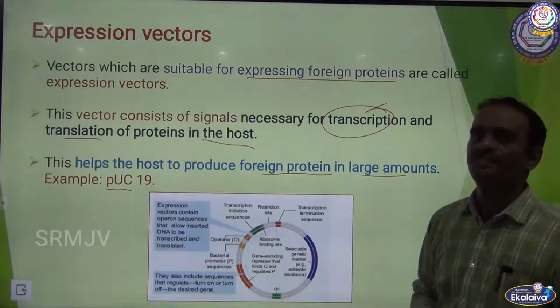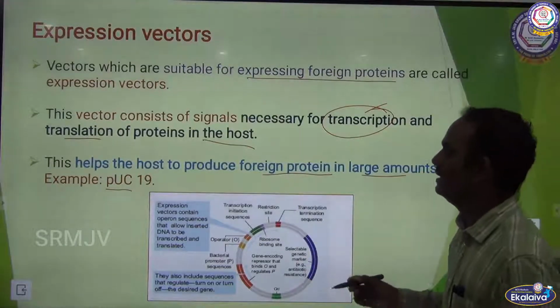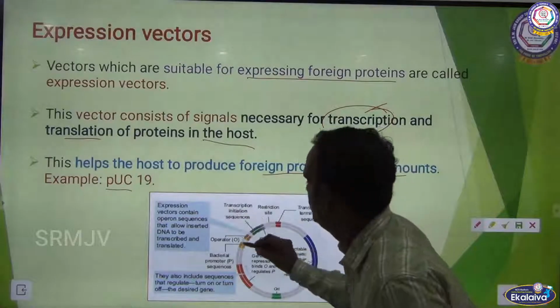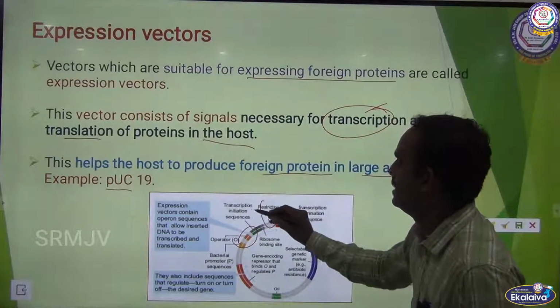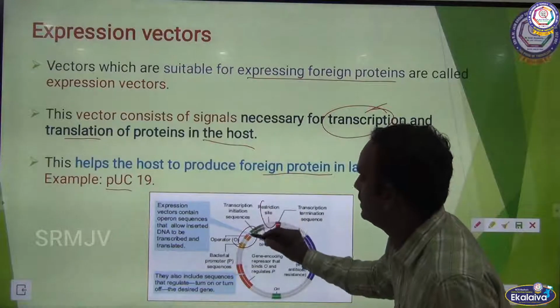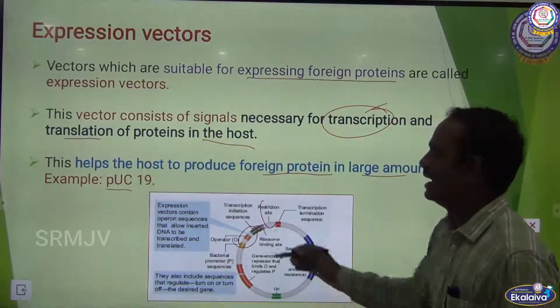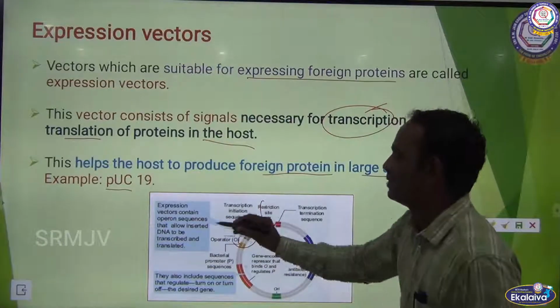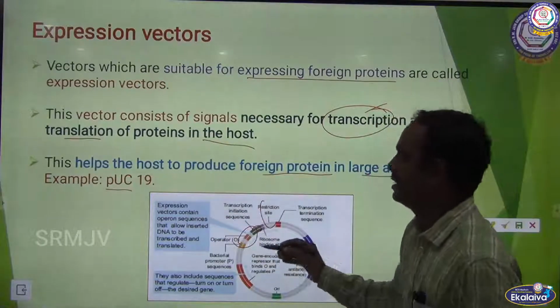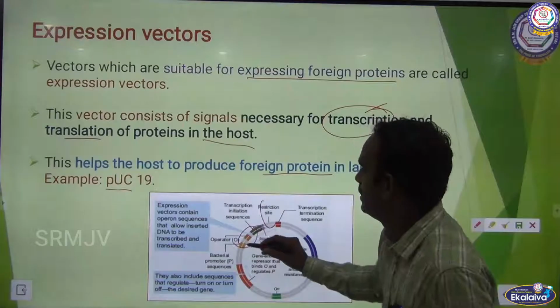See the picture here. This is the picture of an expression vector. There are many sites here. A restriction site is there, and here the transcription initiation sequence is there, and the expression vector consists of a certain operon sequence and a particular DNA sequence.